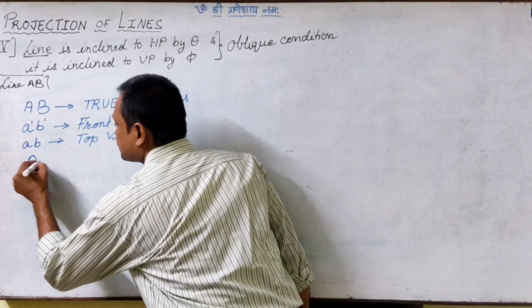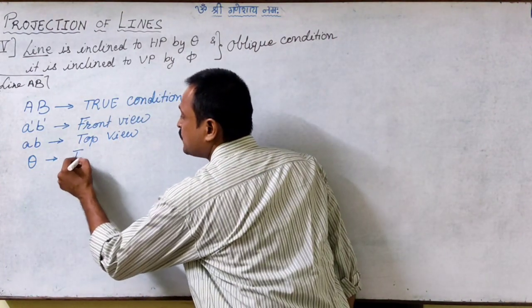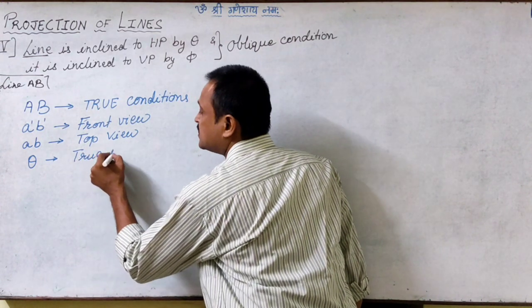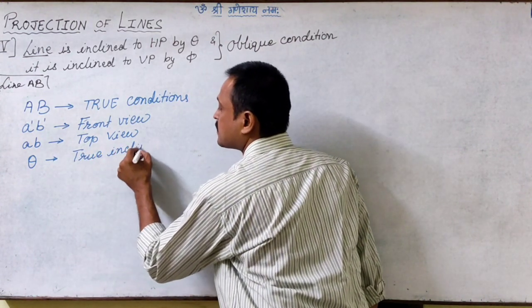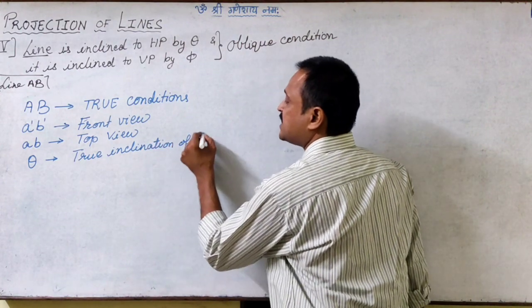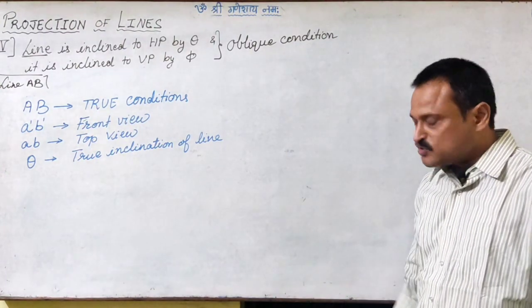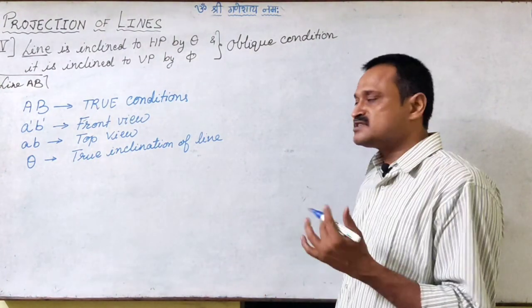Then theta. Theta is the true inclination of the line, or for that matter when we move on to planes, it will be the inclination with the plane.